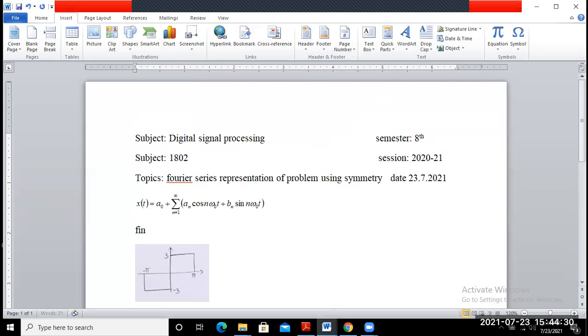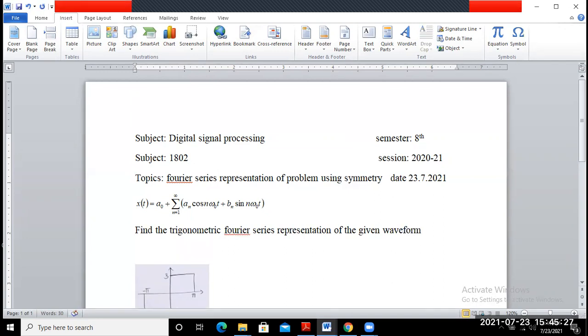Suppose you are provided four options for this problem.